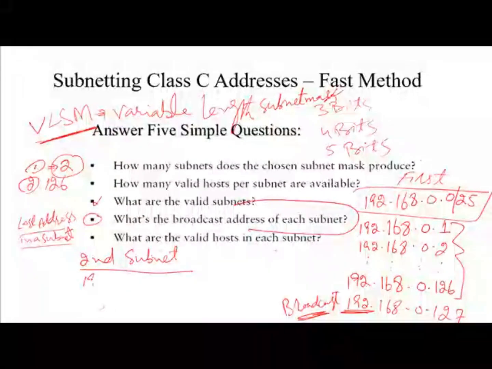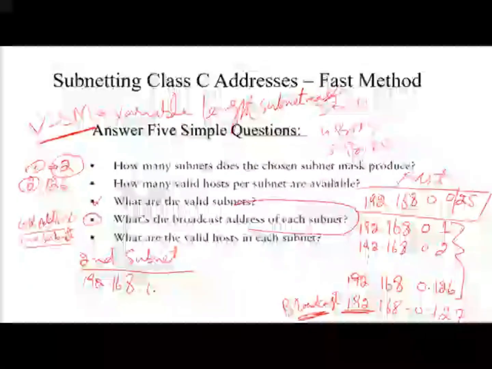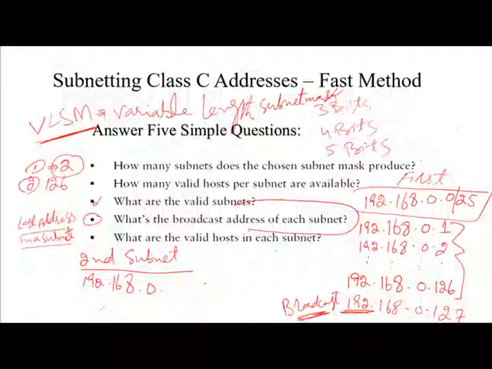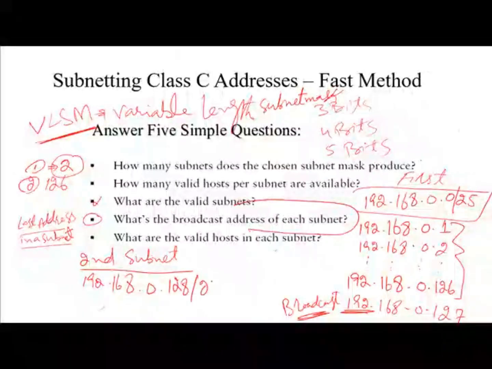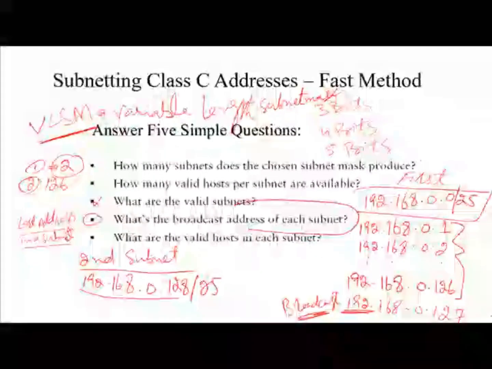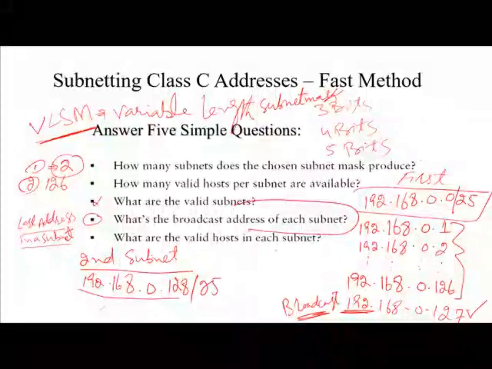Let me write 192.168.0.128/25. This is the address of the second subnet, because the first subnet ended right there, so the next number is 128. That will be the number of your second subnet.